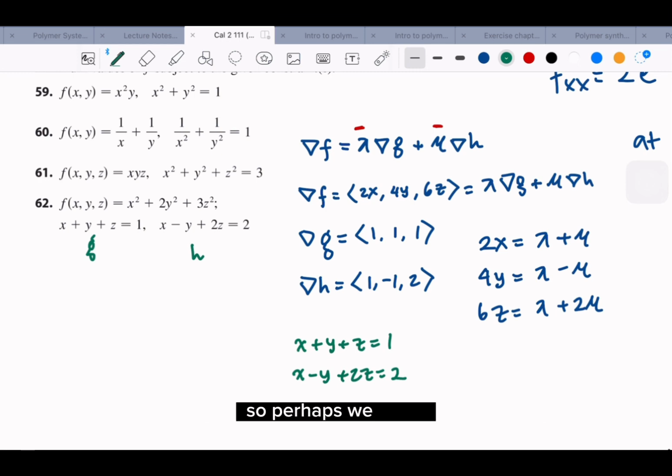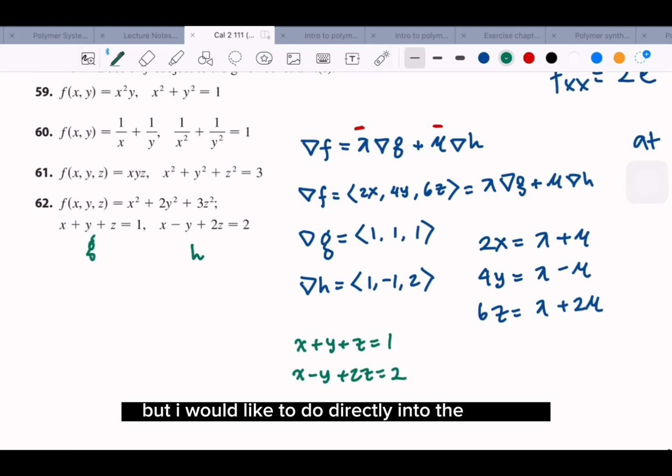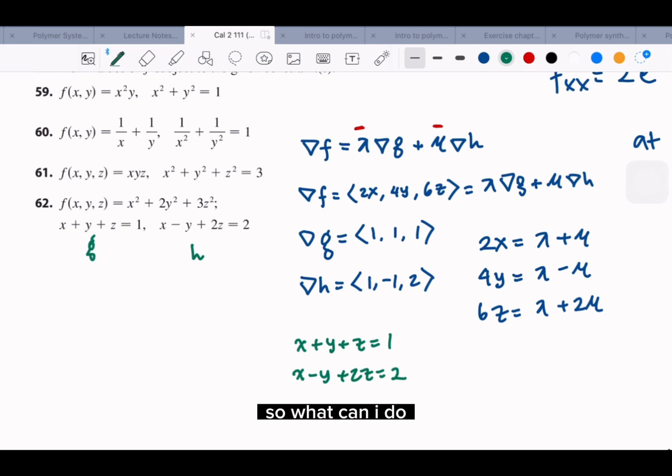So perhaps we could, if you see what we need to do, we need to take this x, y, z and relate it with this. But I would like to do it directly in the system. So what can I do?